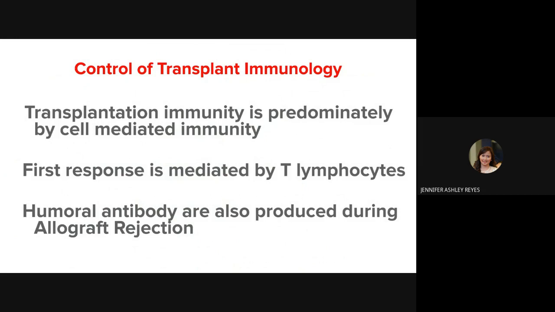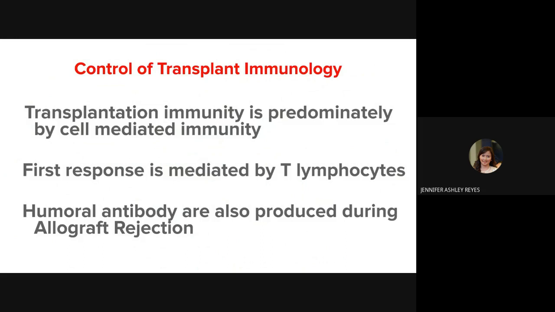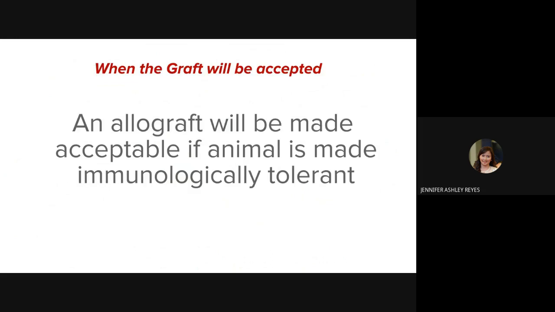Transplantation immunity is predominantly controlled by cell-mediated immunity. So, puro tayo T-cell. And the humoral antibody can also be produced during allograft rejection. Yung sinabi natin kanina na antibody-mediated rejections. So, the graft will be accepted once we have made the host immunologically tolerant.